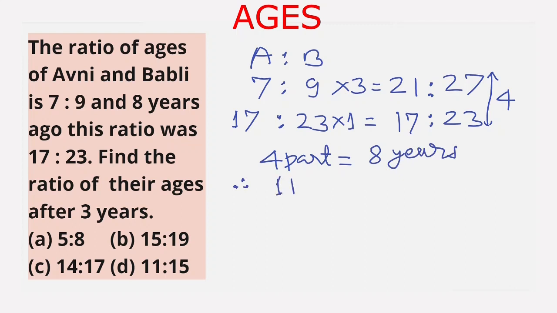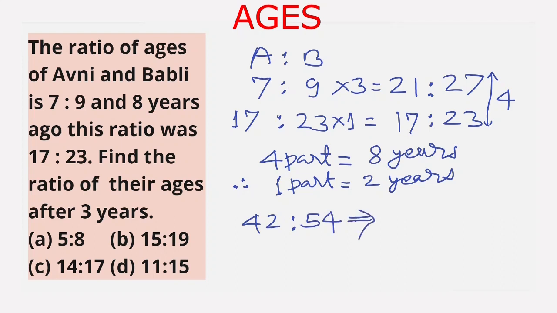Therefore 1 part equals 2 years. What is the present age? It is 21:27. So 21 times 2 is 42, the age of Avani, and 27 times 2 is 54, the age of Bubbly. What will be this age after 3 years?